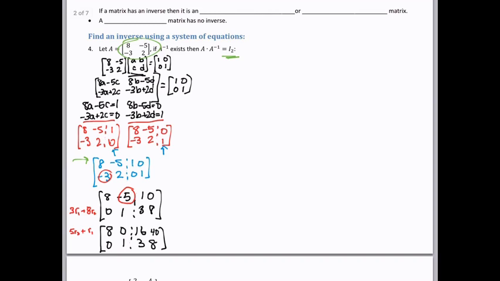Alright, so one last step to get our identity matrix over here. Hopefully you're speeding ahead of me because it's so obvious. We're just taking that first row and factoring out the common factor of 8. So I'm going to have my identity matrix on the left, 1, 0, 0, 1.